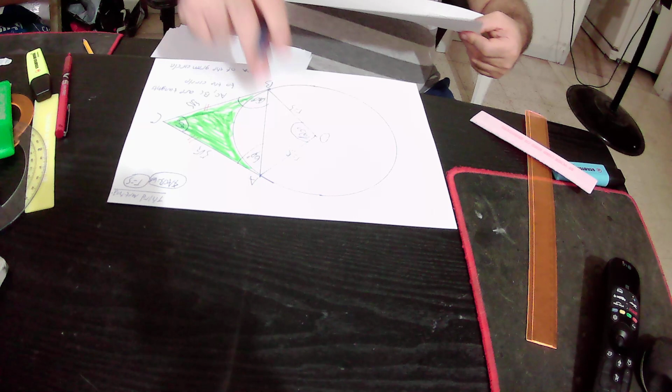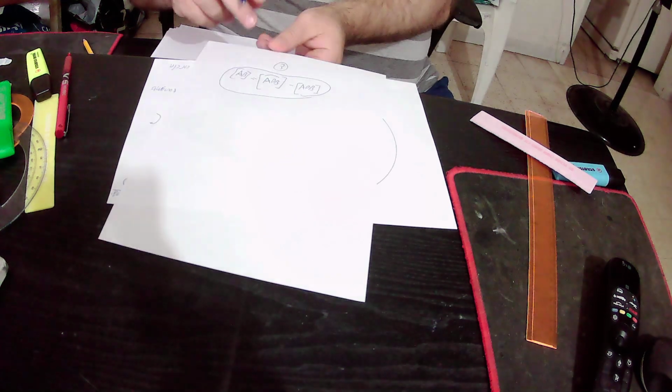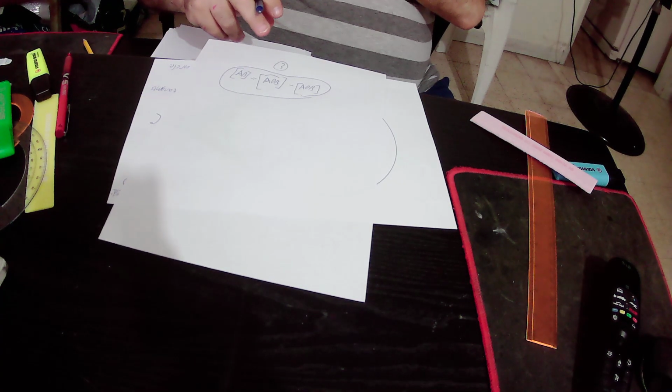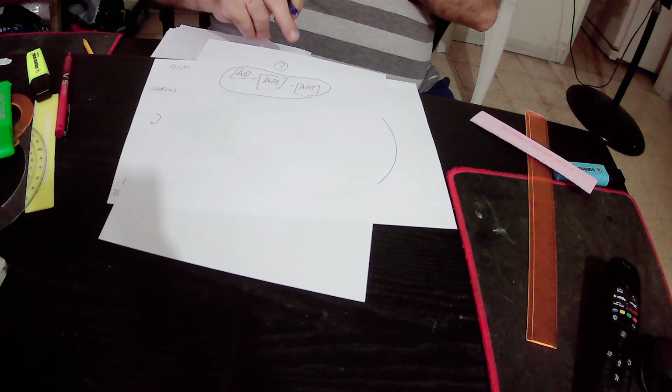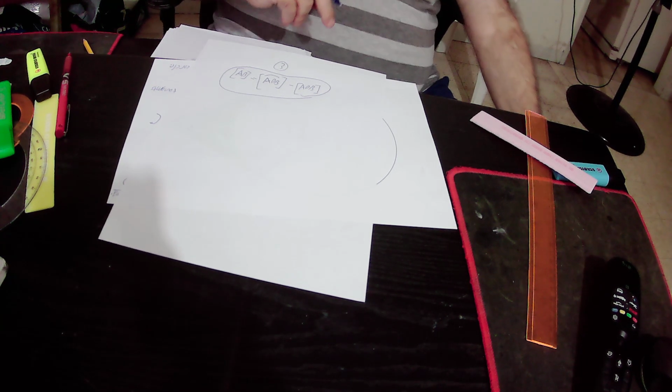Again, the area of circular segment AB equals the area of sector AOB minus the area of triangle AOB.